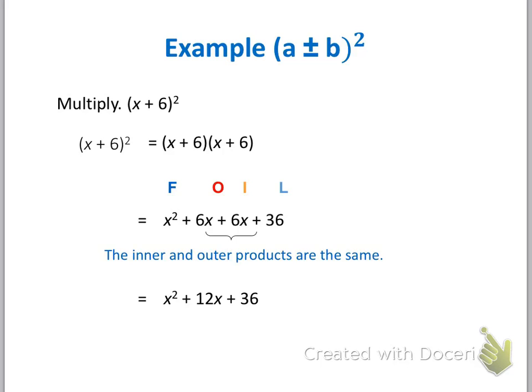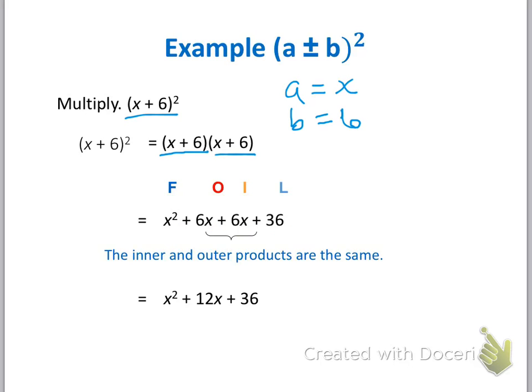Squaring a binomial. So let's say I've got x plus 6 squared. A is x and b is 6. And we know that that's the same thing as x plus 6 times x plus 6. And like I said, you could just FOIL it, and you would get x squared, 6x, 6x, and 36.